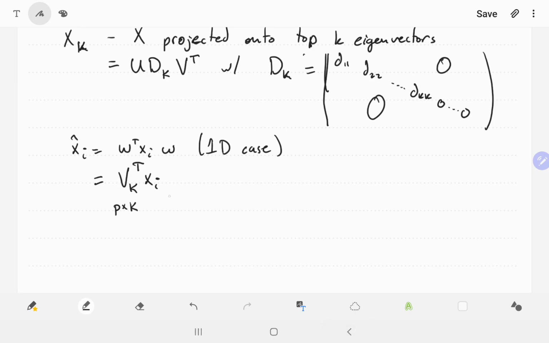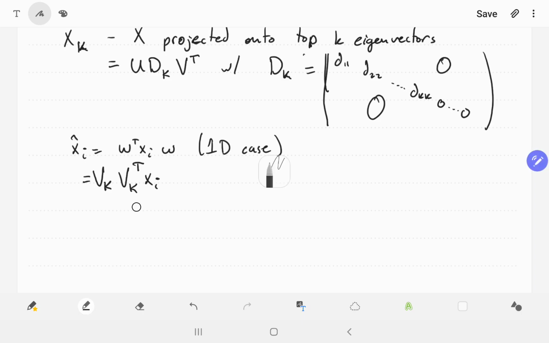So this whole thing is going to be k dimensional. This is the way to express this using matrices.